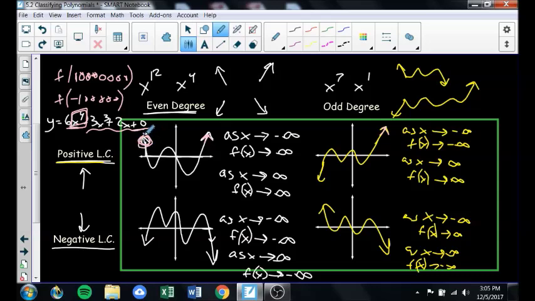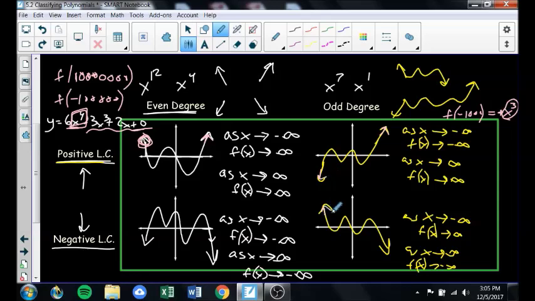But in the odd one, if I was to do f of negative 1,000 or negative 1,000,000,000,000, a negative really big number, and plug that into x to the third, let's say, this ends up being a negative number. X to the third is going to come out to a really, really big negative number. So if this was a positive leading coefficient, it points down still. However, if it was a negative leading coefficient, it would then pop back up.